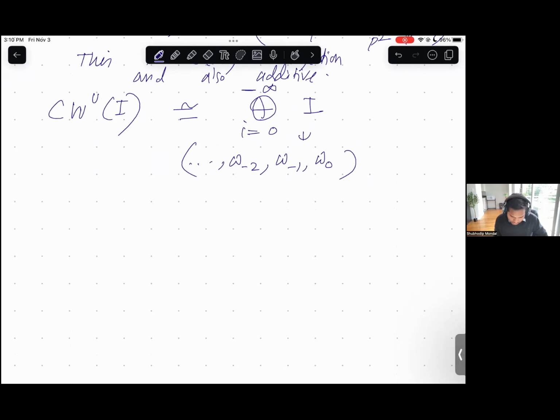We can also try to understand how the map denoted by V on CWU would behave under these identifications.